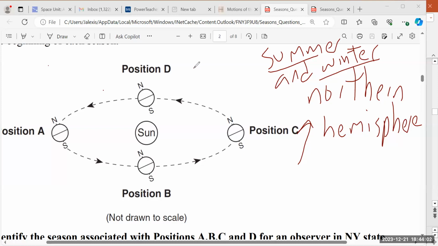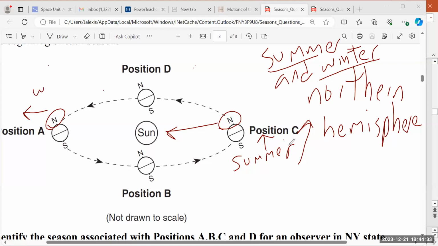So when I look at position C, the North Pole is tilting towards the sun. So that means it is the beginning of what season, everybody? It is the beginning of summer for position C. That is correct. So for position A, the North Pole is tilting away from the sun.